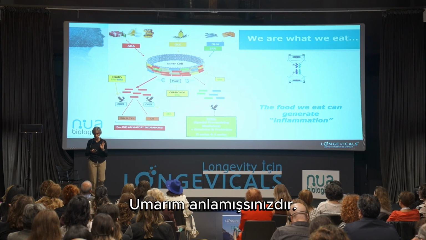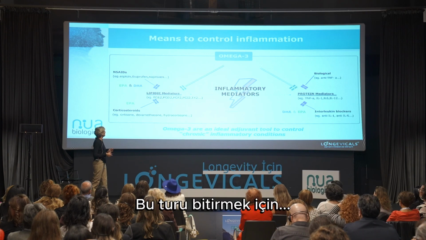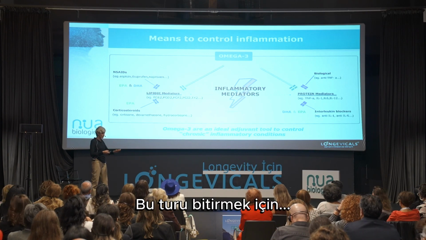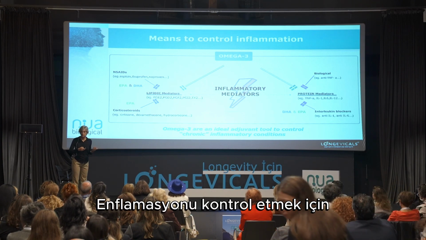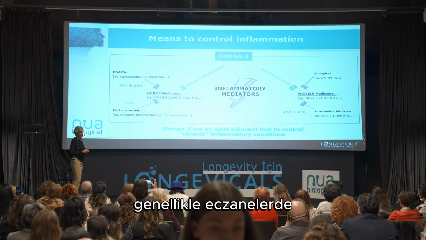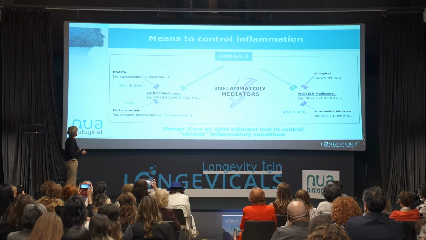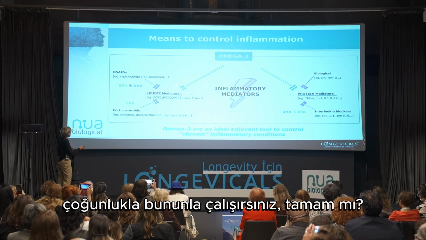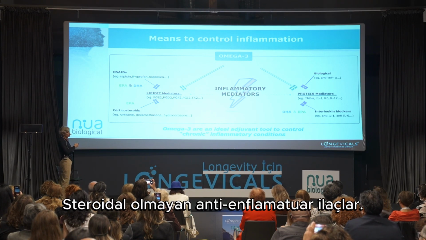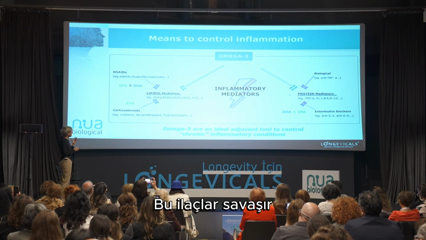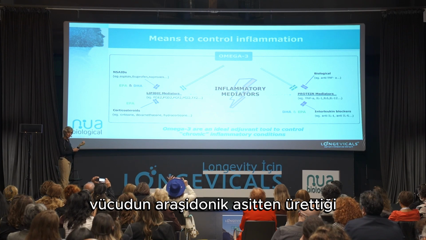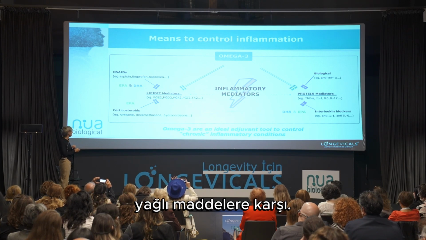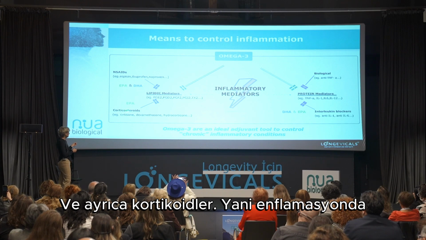I hope you've understood what I've meant. So anyway, just to finish this round, to control inflammation, in pharmacies you're mainly going to be working with non-steroidal anti-inflammatory drugs, which try to fight against these fatty substances that the body produces from arachidonic acid, and also corticoids.